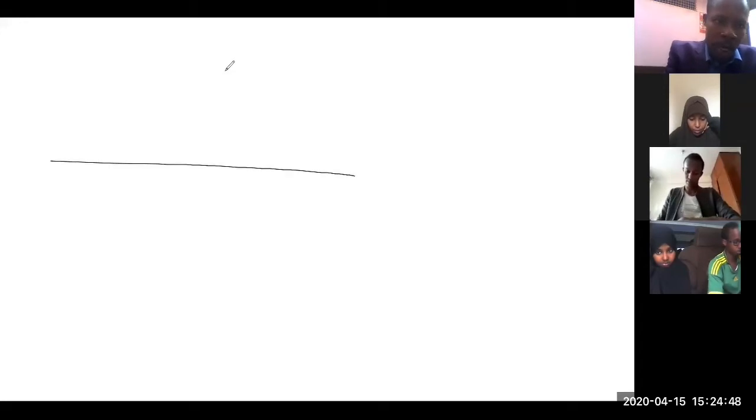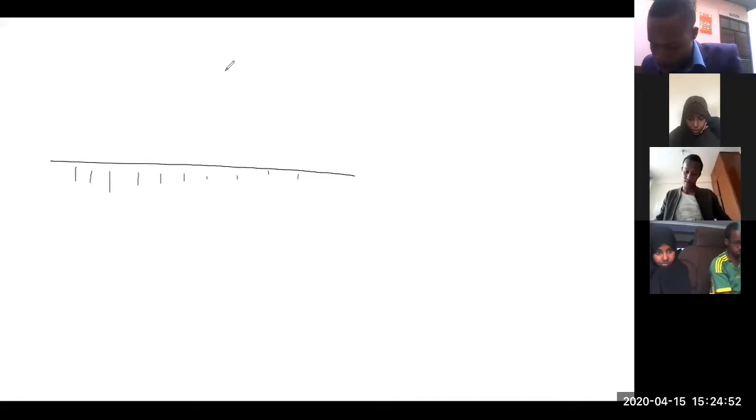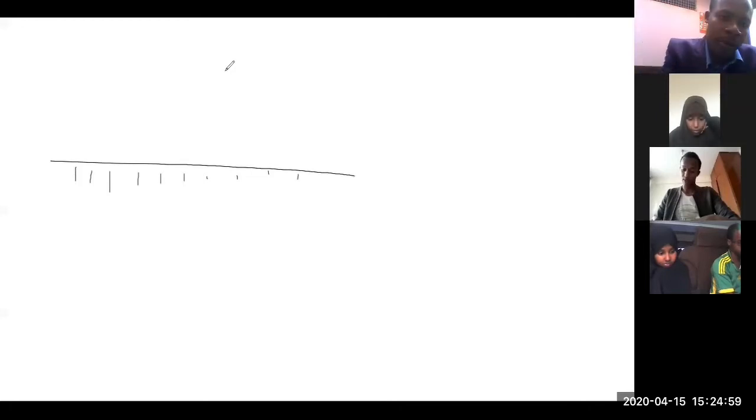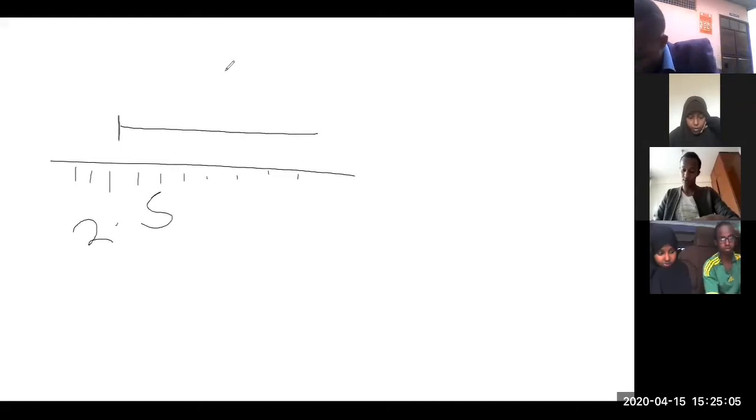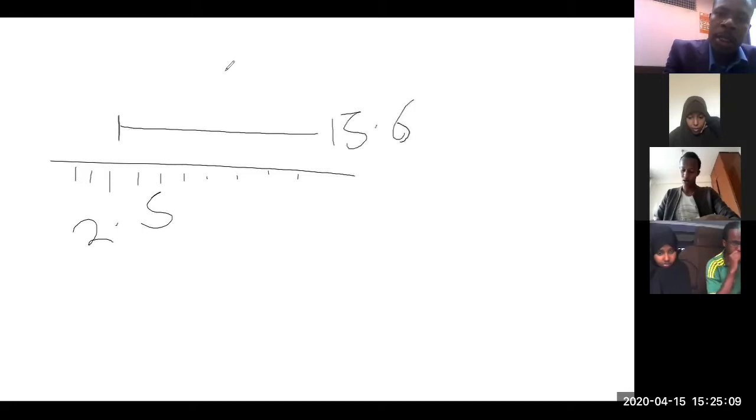We have a meter rule here. The least measurement is 2.5. The string goes from 2.5 all the way up to 15.6. So that is the total length of our string.